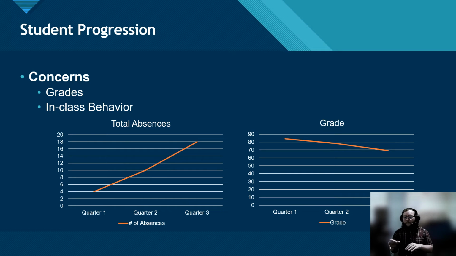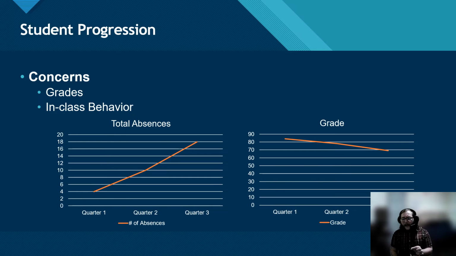and I think her grades reflect that. As we see in quarter 1, 2, and 3, I'm not entirely sure if my camera is blocking the graph, I'm sorry. But quarter 1, we see that she's sitting at about an 84, 83. At quarter 2, she's around an 80, maybe 79.